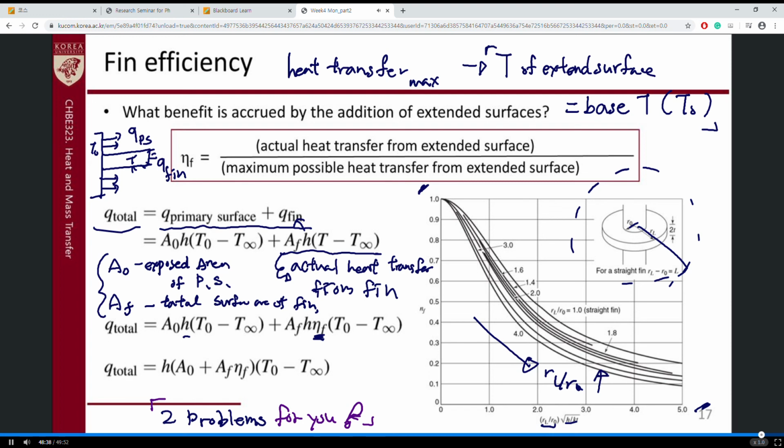You can just solve the problem. If you think you need some equations, you can just copy them from the slide that we learned today. Okay, it's okay.